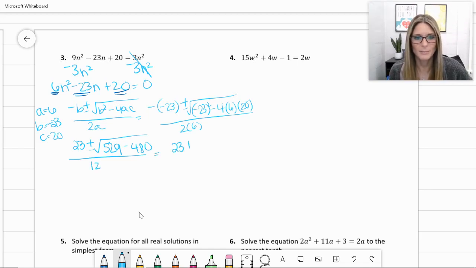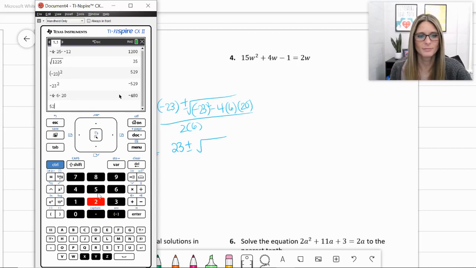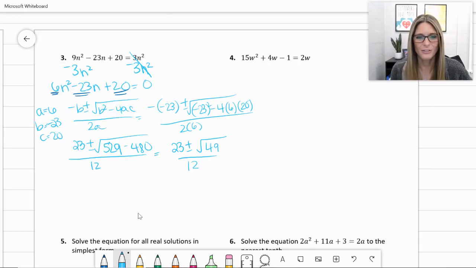We've got 23 plus or minus the square root of 529 minus 480, which gives us 49. I like the way that looks as well. All over 12. Now I know the square root of 49 is 7, so we have 23 plus or minus 7, all divided by 12.